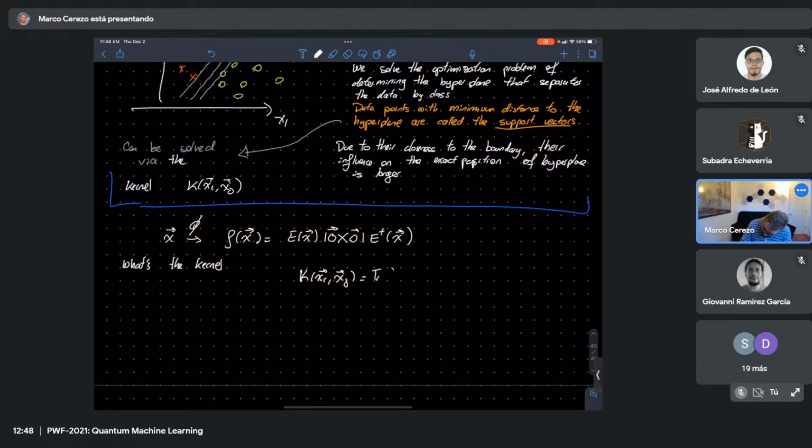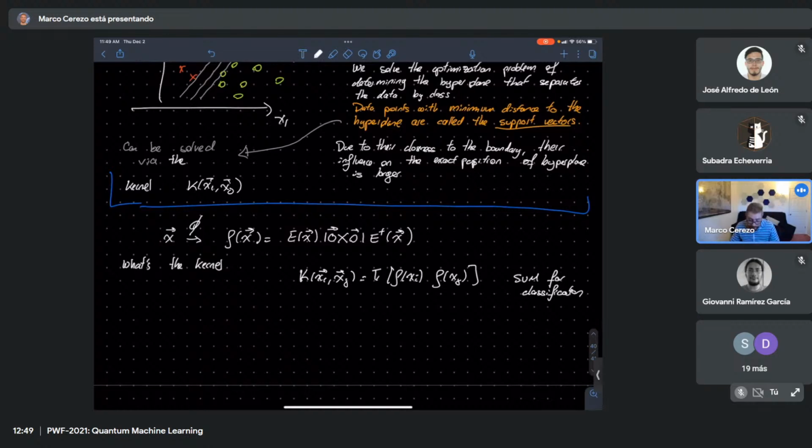That's just the trace of rho xi rho xj, and then we do a support vector machine for classification. We fit this hyperplane, right? So this is the first way in which we can think about quantum machine learning, where we simply use this higher dimensional space to embed my information and then try to do my classification.